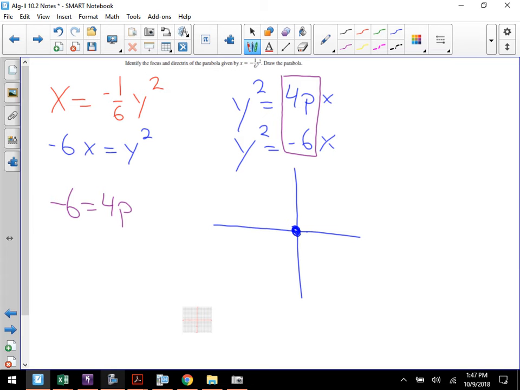So when I divide it, the distance from my center, my vertex, to the focus is -3/2. It's negative, it only means that it's moving to the left. Here-ish. That's my focus.